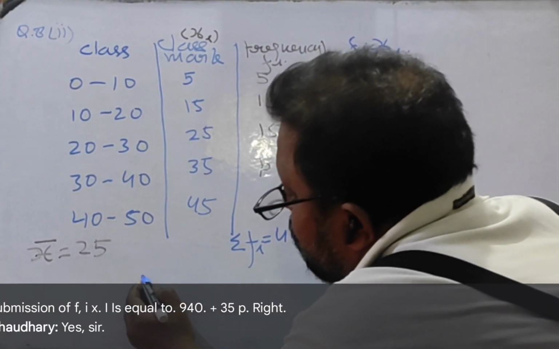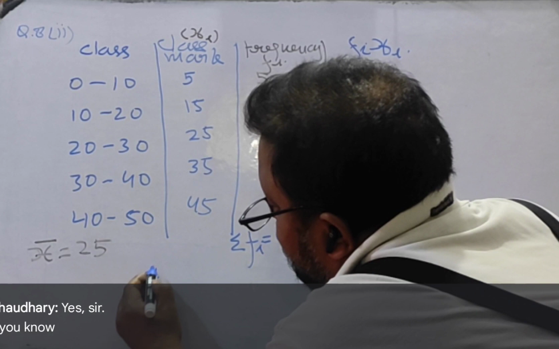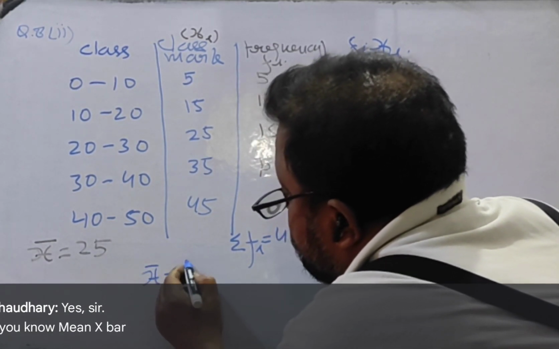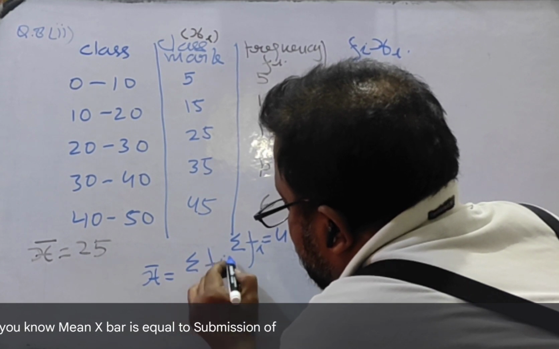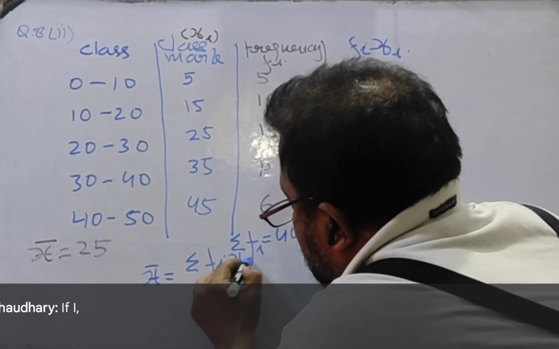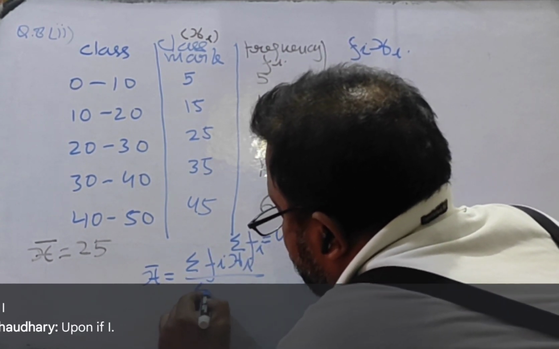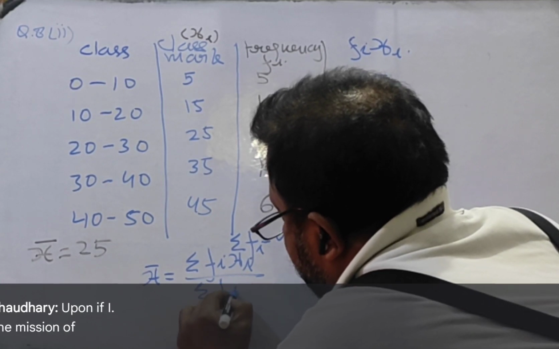Now you know the mean x bar is equal to summation of fi xi upon summation of fi.